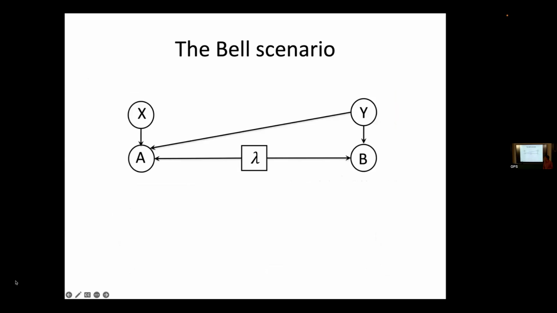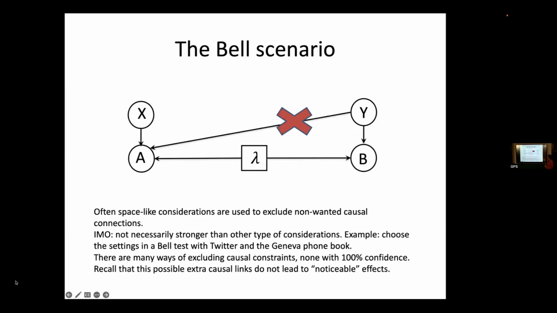Can I be sure that there is no connection here and that this Y is not connected to that one? I can't. I will try to make conditions so that this is not the case. So how do people avoid this? Sometimes people arrange things so that these are space-like separated, so there is no time, not even for light, to go from one place to another. I know for historical reasons people like this a lot, but I don't find it super convincing.